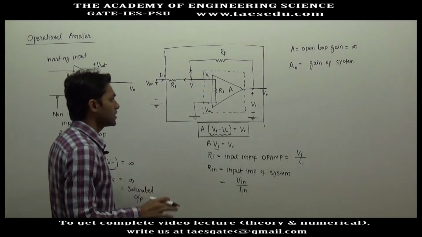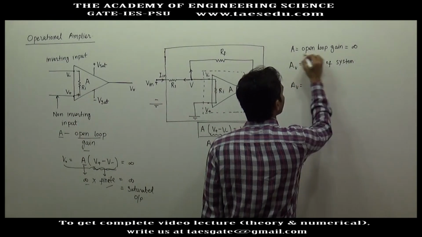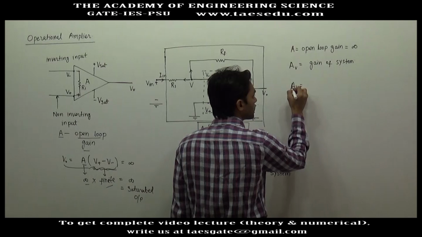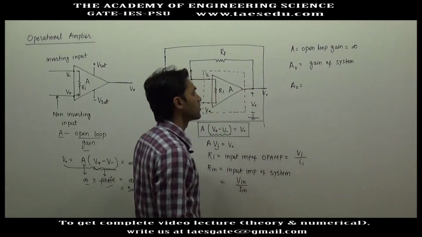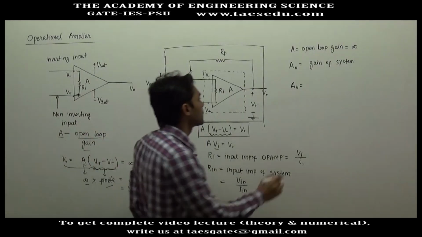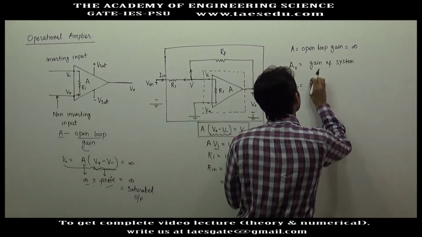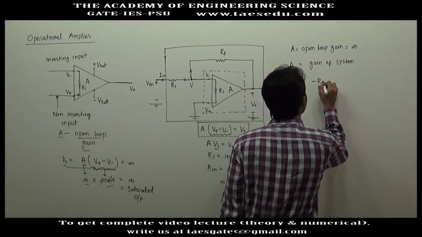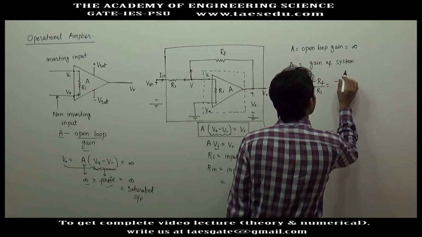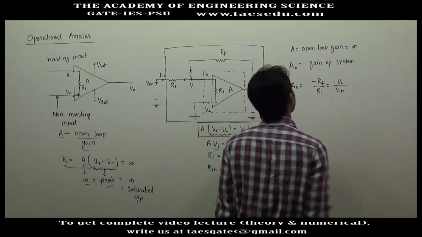What we have to do here is find out the gain of the system. We already know the open loop gain of the op-amp is infinite. We have to derive the formula for the gain of the system, and some of you might know that the gain of the system will be minus Rf divided by R1, that is, the output voltage of the system divided by the input voltage of the system.